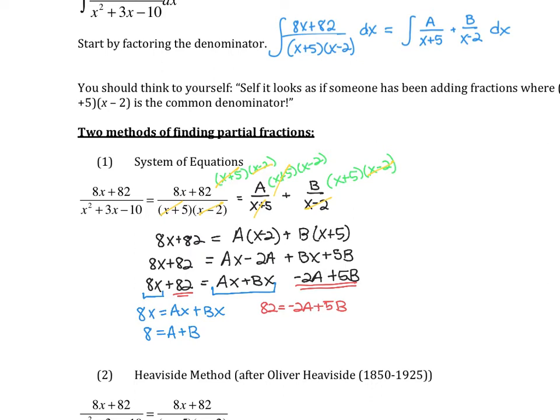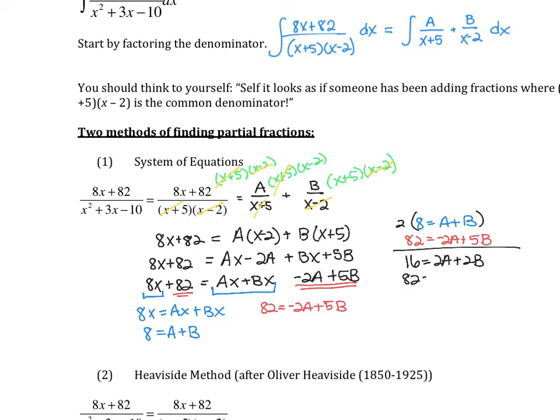So let's write what this system looks like. Right now the system says 8 equals a plus b, and 82 equals negative 2a plus 5b. Well, if you remember from our system work, I'm going to multiply this top equation by 2. So I get 16 equals 2a plus 2b.